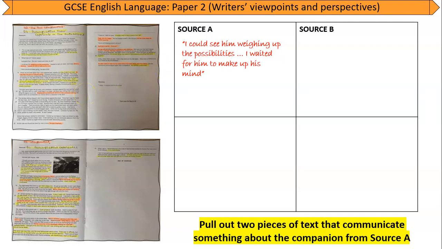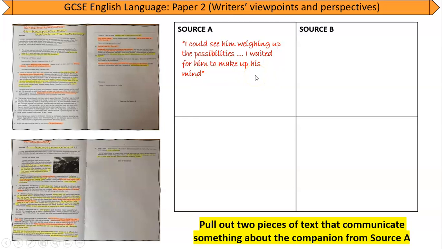And I'm going to use this piece of text here. I could see him weighing up the possibilities. I waited for him to make up his mind. You will notice I have not given a 1 or 2 word reference quote. It's quite a lengthy quote that allows us to get a lot of meaning out of it.